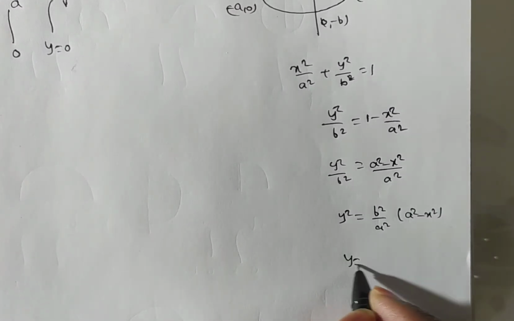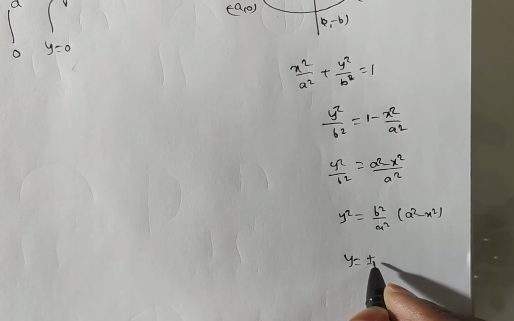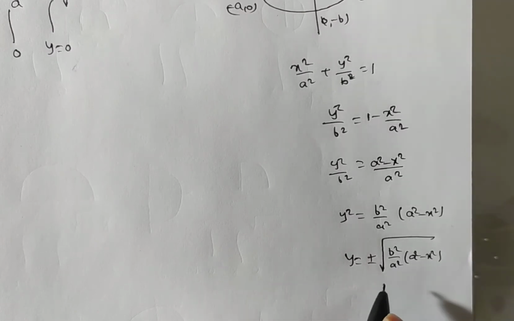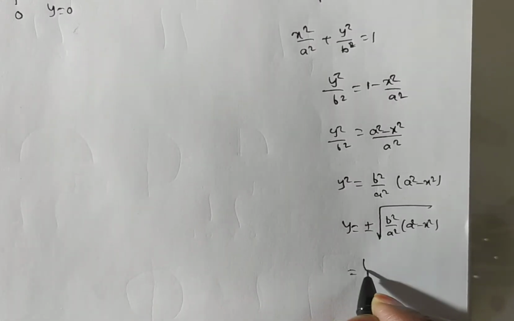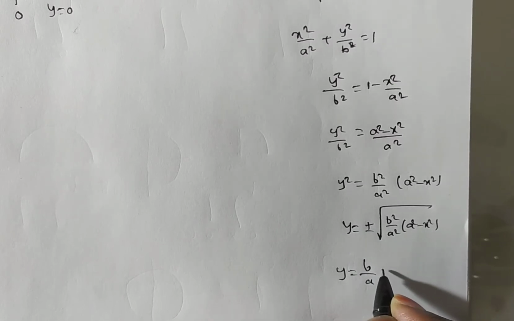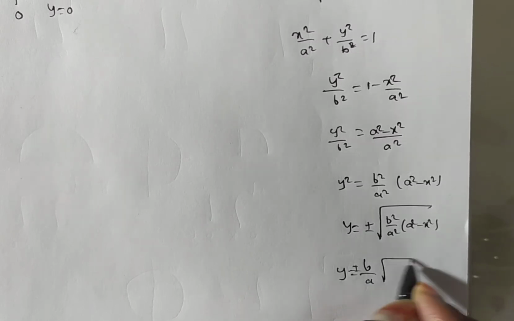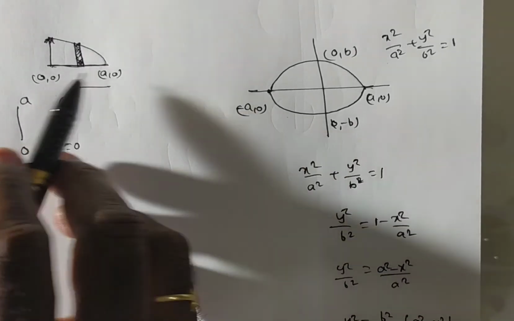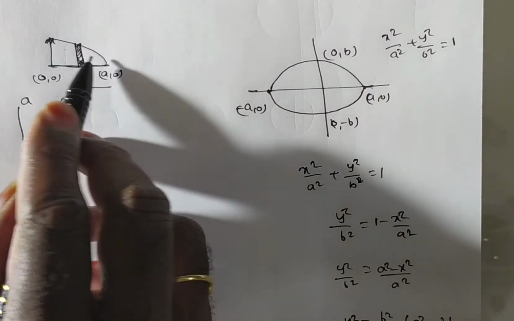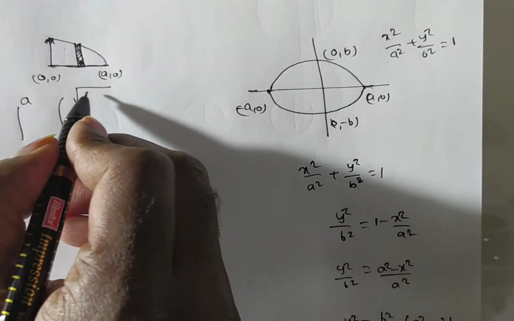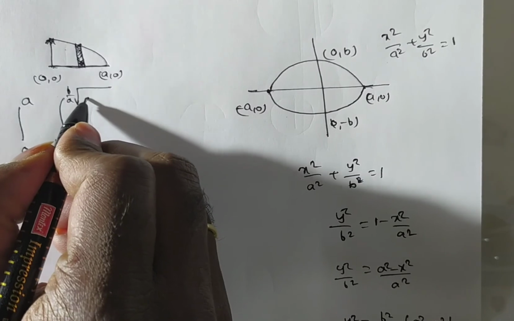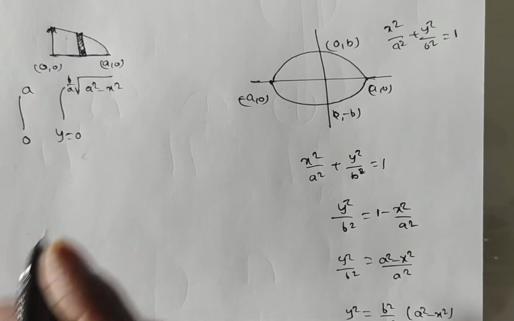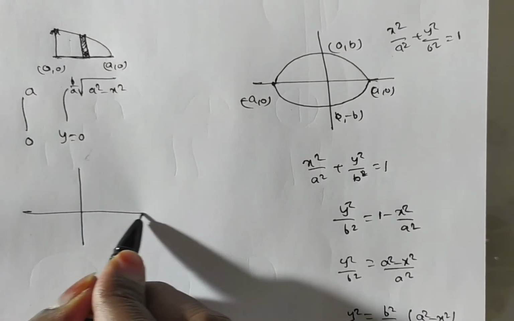Then y is plus or minus b by a times square root of a square minus x square. But this strip touches the positive quadrant of the ellipse, so in the positive quadrant you have y equal to b by a square root of a square minus x square. That's it. Okay, and now we will solve for the upper half of the ellipse.